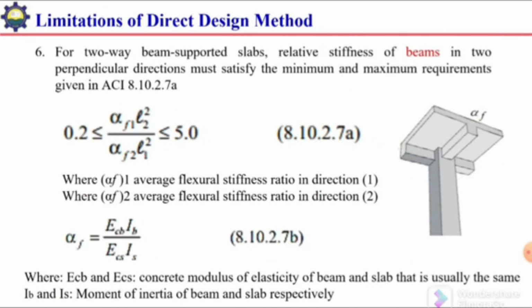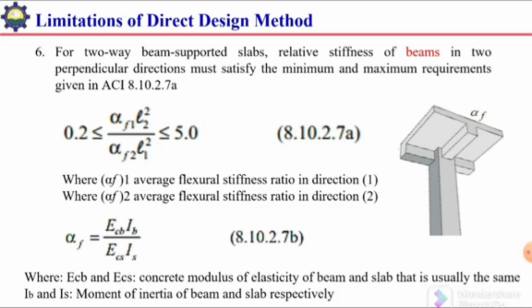Okay, the last limitation is for two-way beam supported slabs. Relative stiffness of beams in two perpendicular directions must satisfy the minimum and maximum requirements given in ACI 8.10.2.7a.